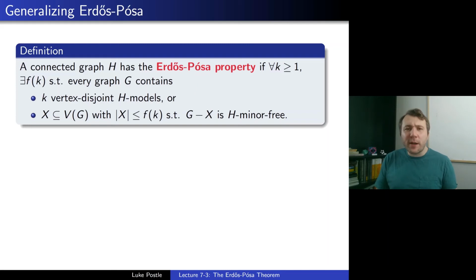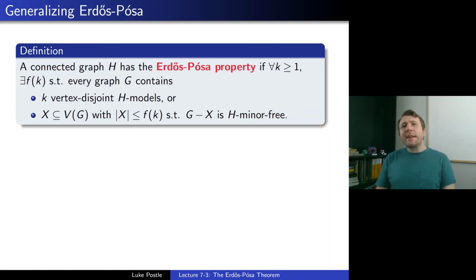So remember, H models are those specific ways to find minors in a graph. So we're saying we can find k disjoint H minors, but you have to be precise about that, so we mean the H models. Or you can't find any such models, i.e. you're H minor free if we remove some small set X.